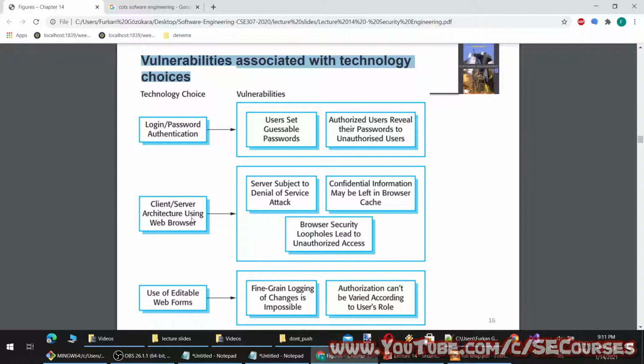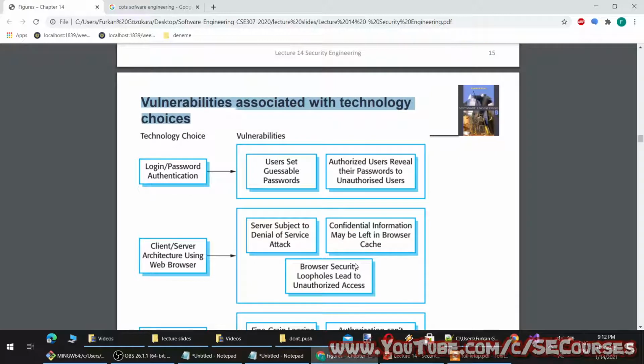It is another possibility, especially if the client is logging in from a public area, public computer, public device. Browser security loopholes lead to unauthorized access. If the client's browser is not secure enough, it may be outdated, it may not be a popular and secure one. It is another vulnerability.